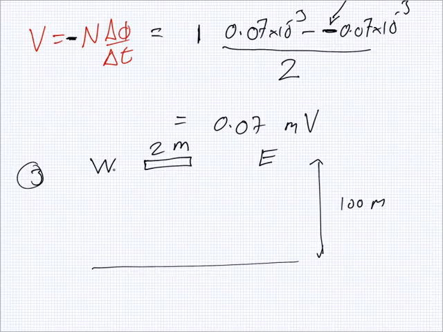The magnetic field. The pipe lies from east to west. So if I'm standing here and this is east and this is west, then north must be this way and south must be this way. So what does that have to do with the magnetic field? You know the Earth has a magnetic field.